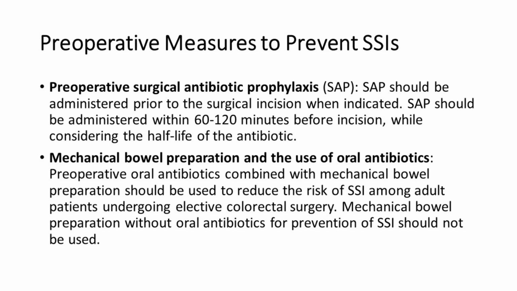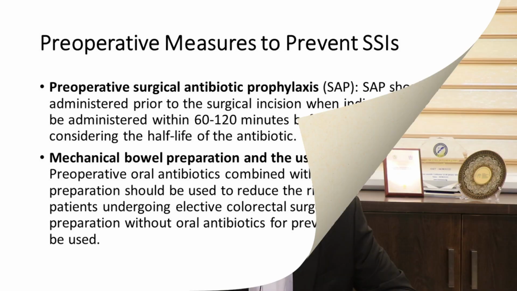Now we will be studying what measures are needed pre-operatively to prevent SSIs. We have discussed that pre-operatively mostly antibiotic prophylaxis is given. The time should be calculated as per the half-life. Mechanical bowel preparation and use of antibiotics should be as per the need.